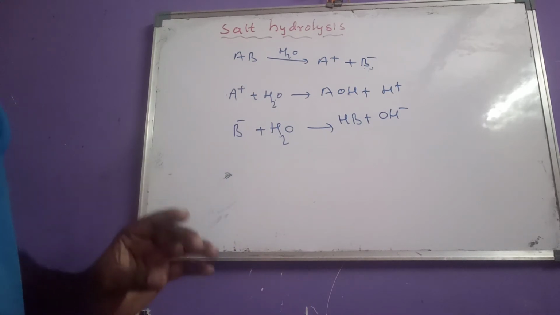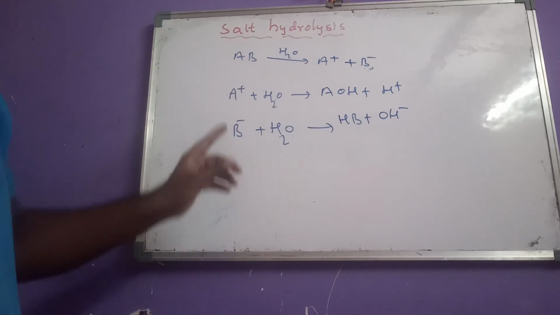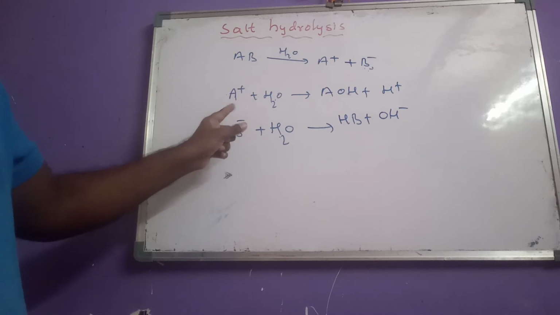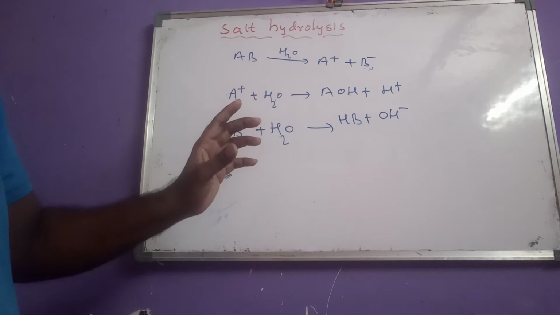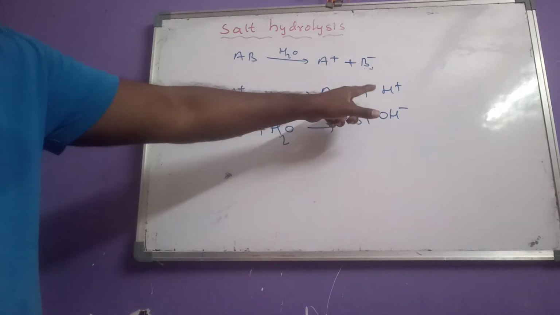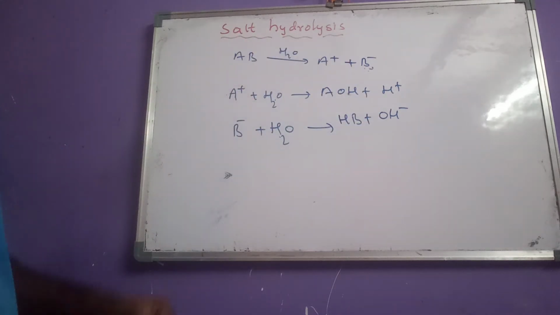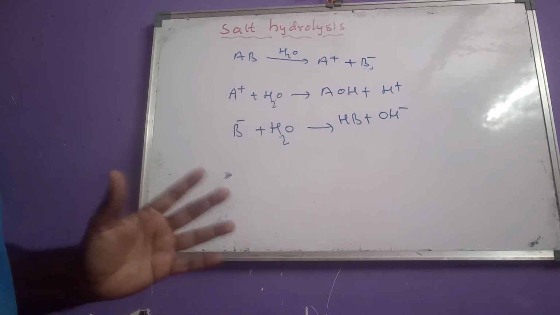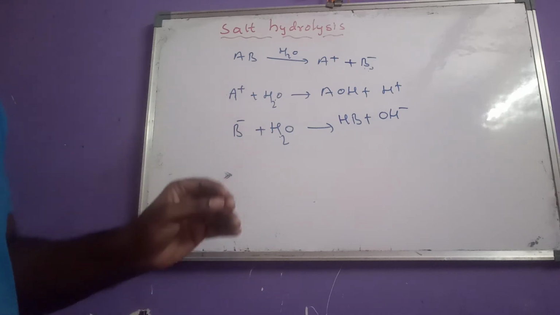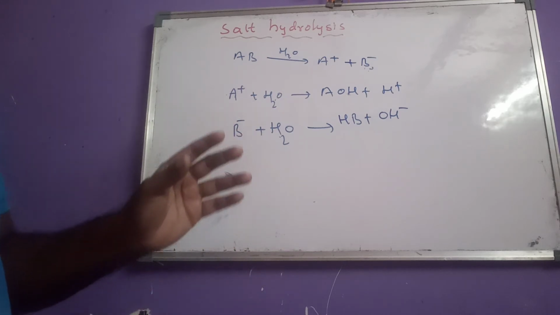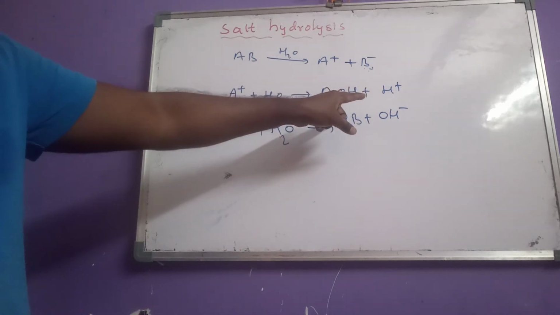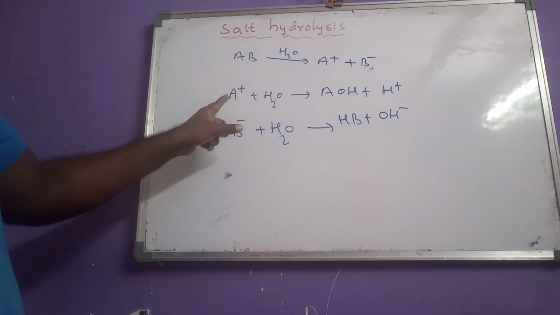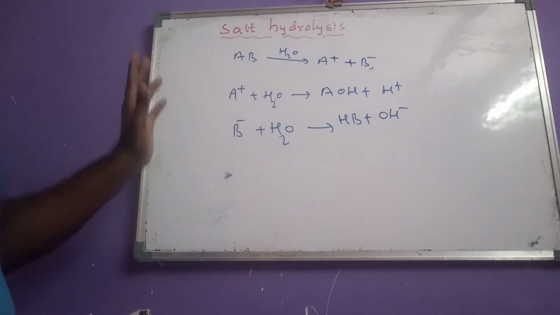So first, one thing we have to confirm here: if the cation of a salt reacts with water, that aqueous solution of salt has an acidic nature. Or inversely we can say it like this also: if any aqueous solution of salt has an acidic nature, that indicates cationic hydrolysis.